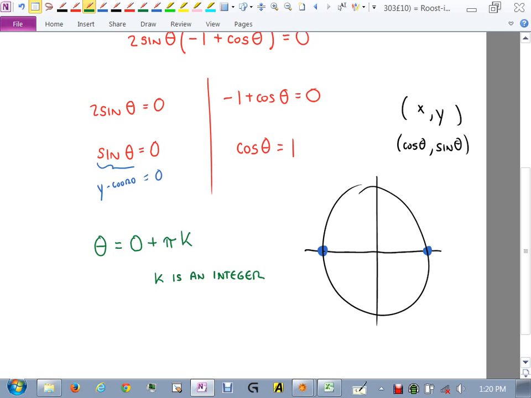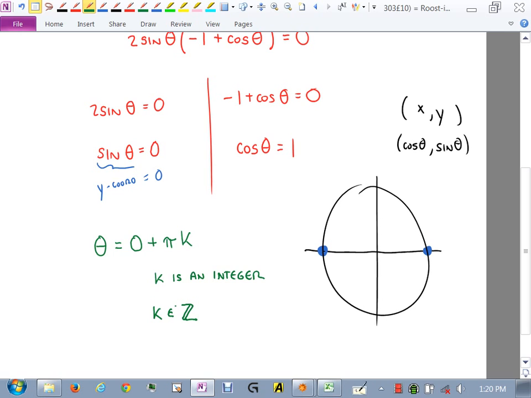K is an integer. What is an integer? Negative 1, negative 2, negative 3, negative 4, or 0, 1, 2, 3, 4. So integers are the nice counting numbers, including 0, both positive and negative. The mathematical way of saying k is an integer is to say k is an element of double-struck capital Z. Double-struck capital Z represents the integers. Double-struck R is what?